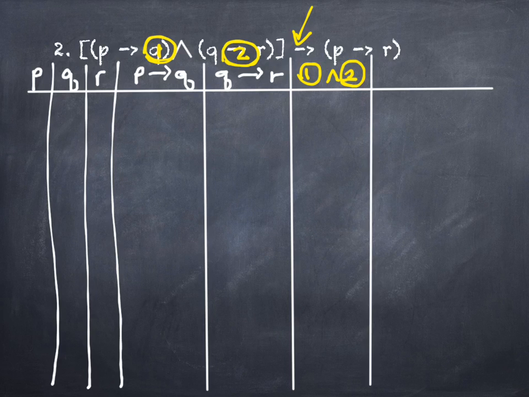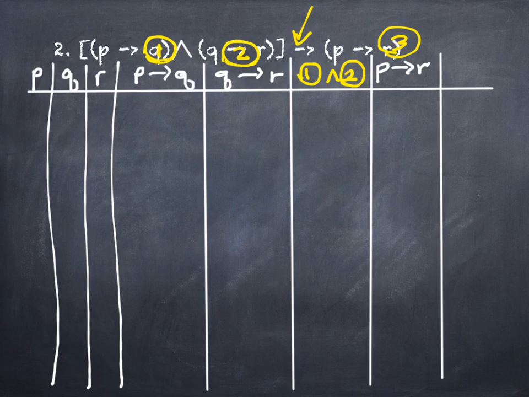Then let me do that last arrow statement, P arrow R, that you had mentioned before. And I'm going to call this number 3. I need one more column, and what should it say? It should have all of it, right?